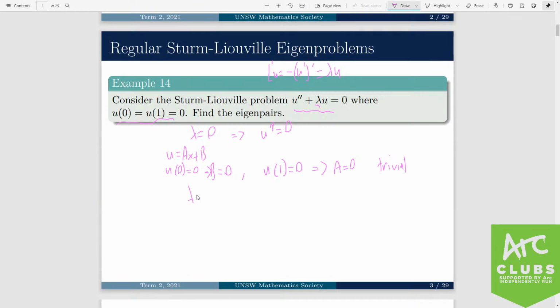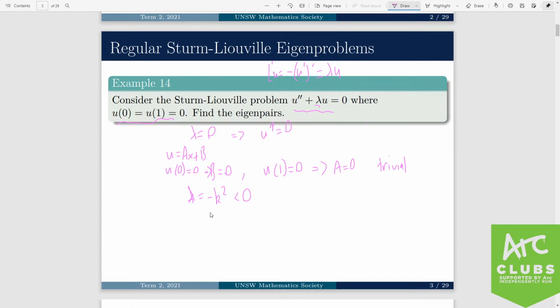So our next case is when lambda is negative. The way we do this, we set it equal to negative k squared, which will be negative assuming k is real, and we'll say k is real. So this is how we define lambda to be negative.